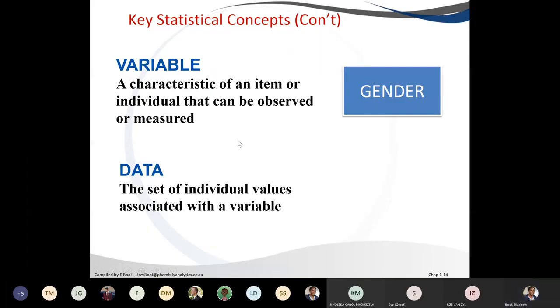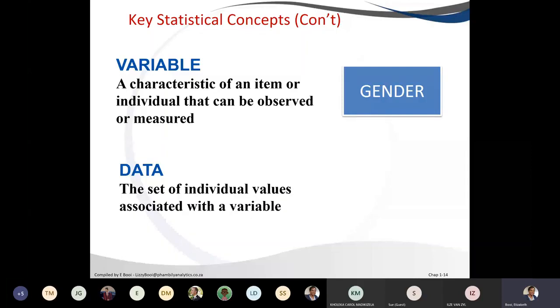For example, you ask me my sex or my gender, then I tell you that I'm a female or I identify myself as a female. The minute I say I'm a female, that is a data. It's what we call a data point. And data is a set of values that are associated with a variable.